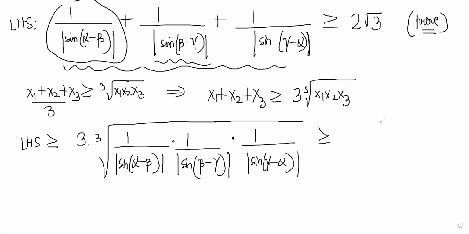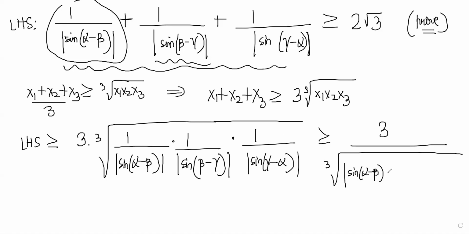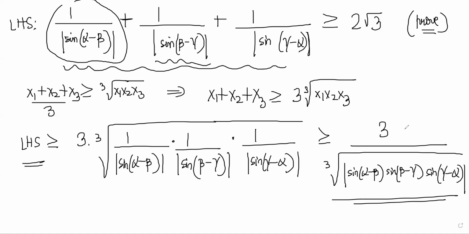So LHS is greater than equal to 3 by cube root of product of sine of alpha minus beta, sine of beta minus gamma, and sine of gamma minus alpha, right? This is what we have proved so far. LHS is greater than equal to this quantity, right?